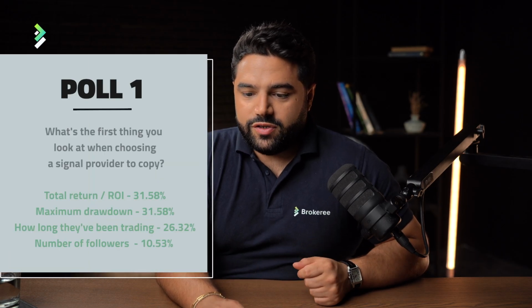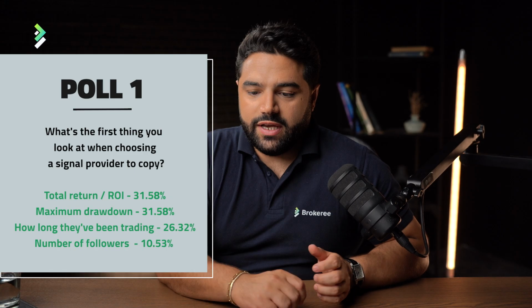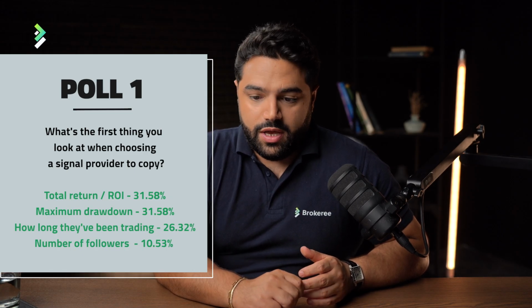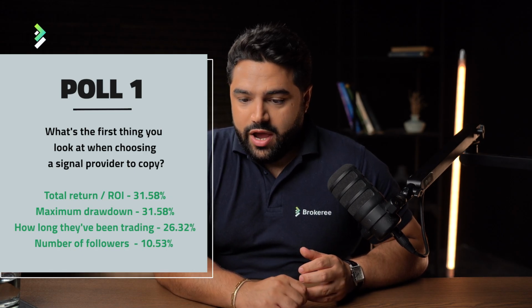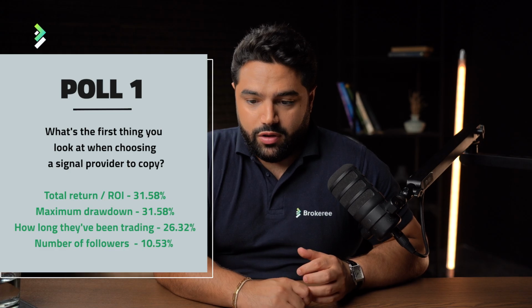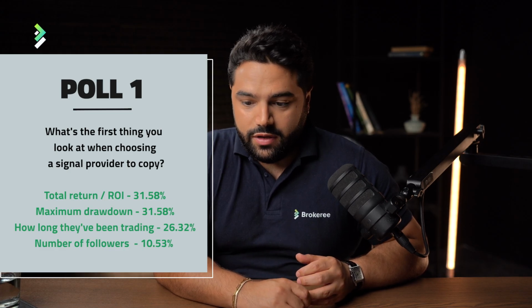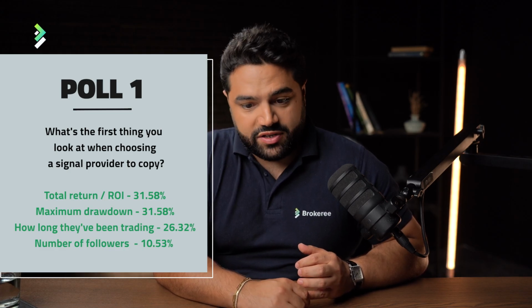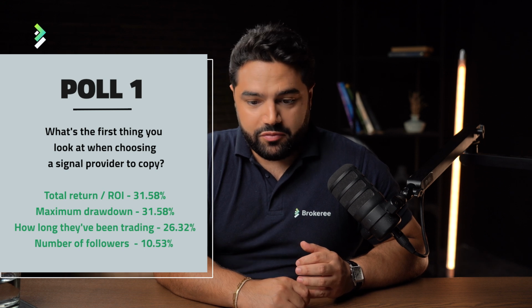Okay, so to discuss the first one, what's the first thing you look at when choosing a signal provider to copy? We have the highest at total return, return on investment, the second highest max drawdown. Okay, yeah, very, very reasonable.